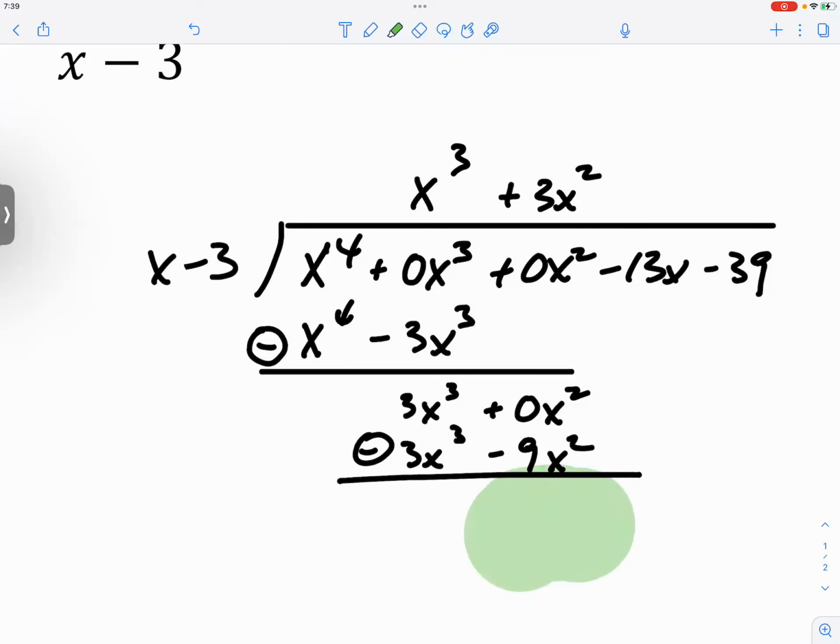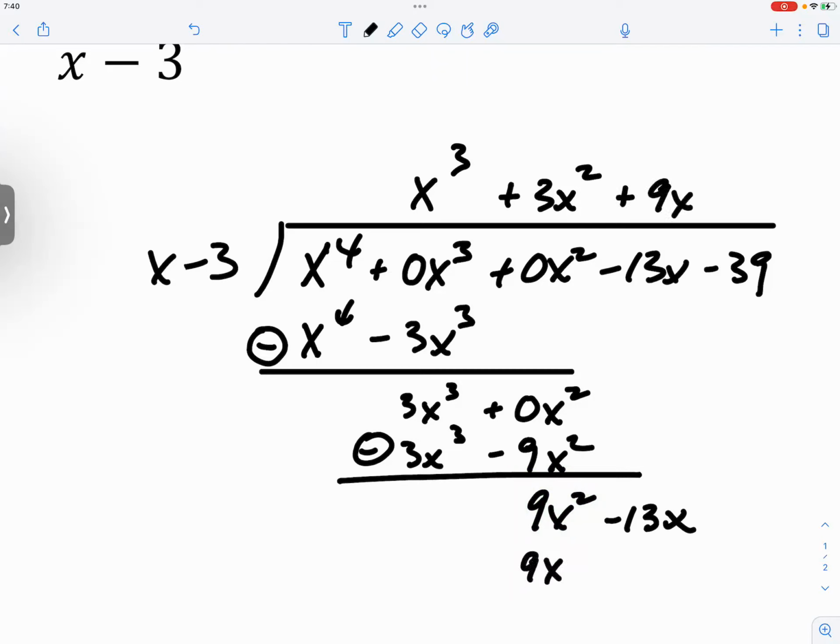What do we write? We write down 9x squared, not minus 9x. There's no minus anymore because it's a subtraction of a negative entity. Okay. So 9x squared minus 13x, and then plus 9x.